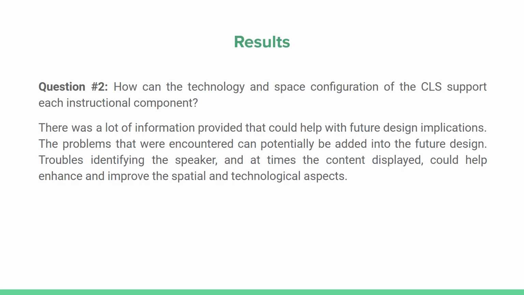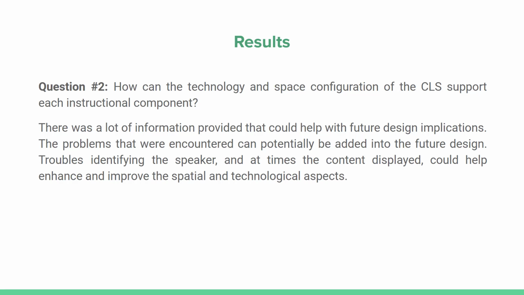So noticing things like people worrying about visibility of the speaker while that person's speaking. A lot of people wanted to know who was speaking. There were, of course, things that were not as clear on the screen as people would have liked.